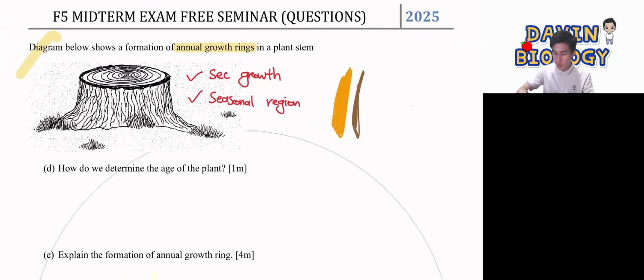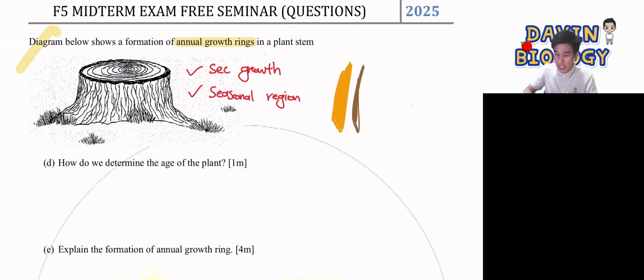But first let's answer this question. How to determine the age of the plant? You can say that is by counting, as the question already says, the annual growth rings. But let me tell you how we count them.